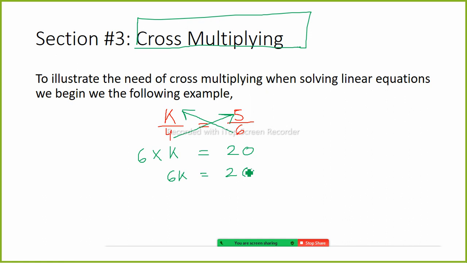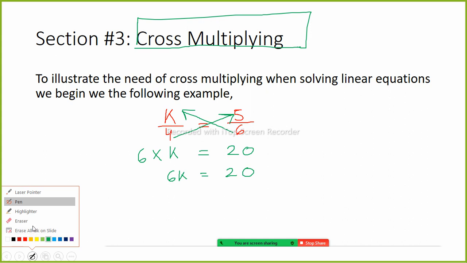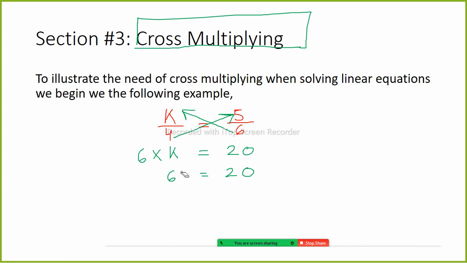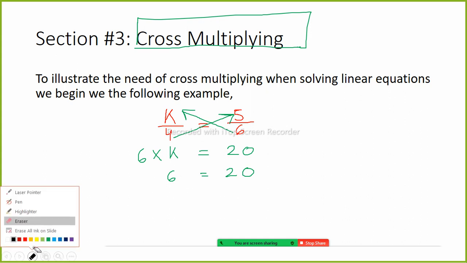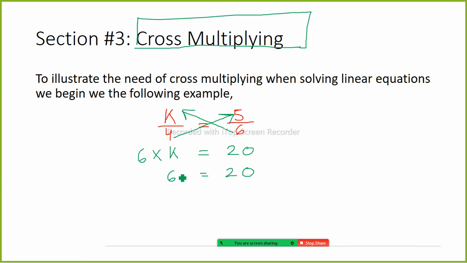Now what do we do? Go ahead. Yes, ma'am. What does k mean? Okay, so k is the variable that we are trying to solve. We're trying to find the answer for k. All right. k is the variable or the letter that we're trying to find an answer to.